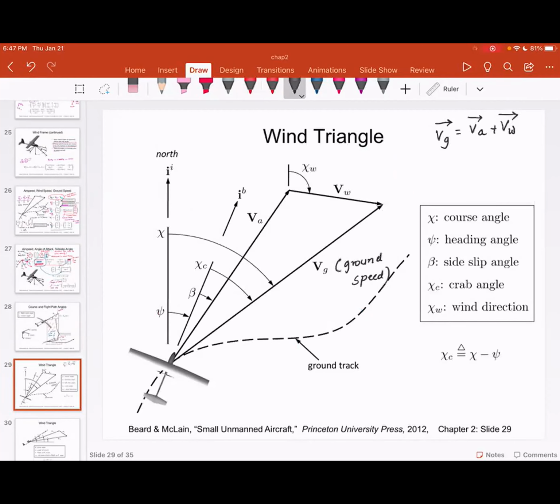You will notice this is the heading or yaw of the aircraft. This is nothing but the side slip angle. Then this is the course angle.